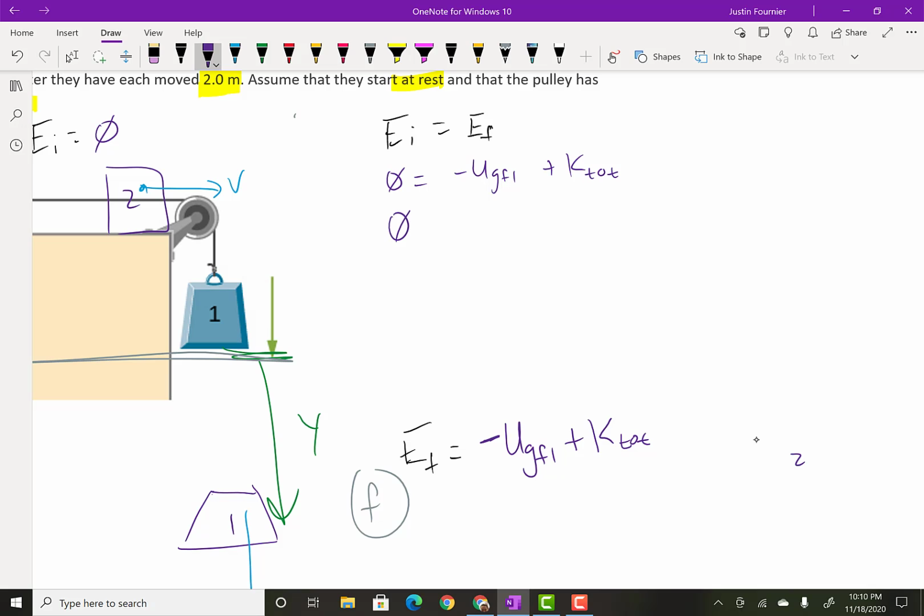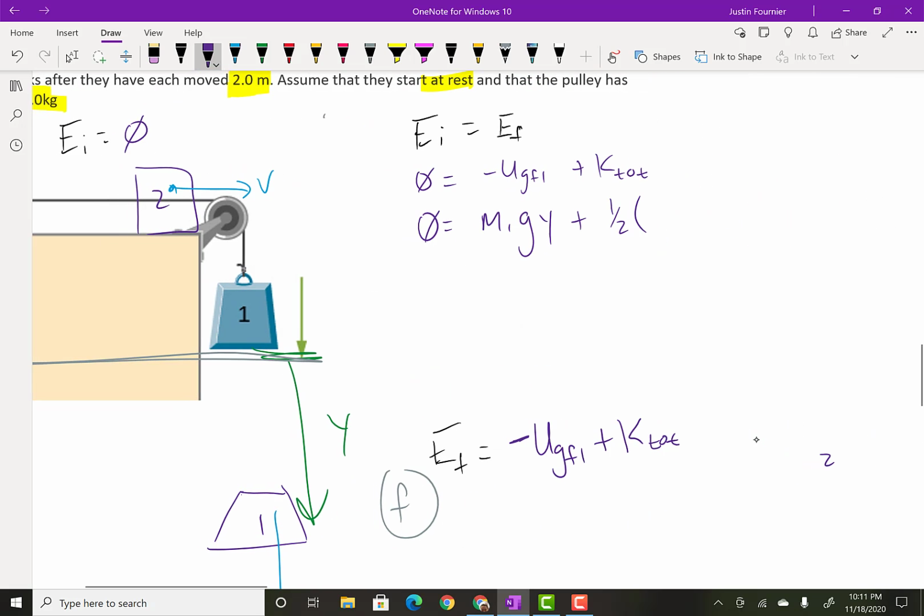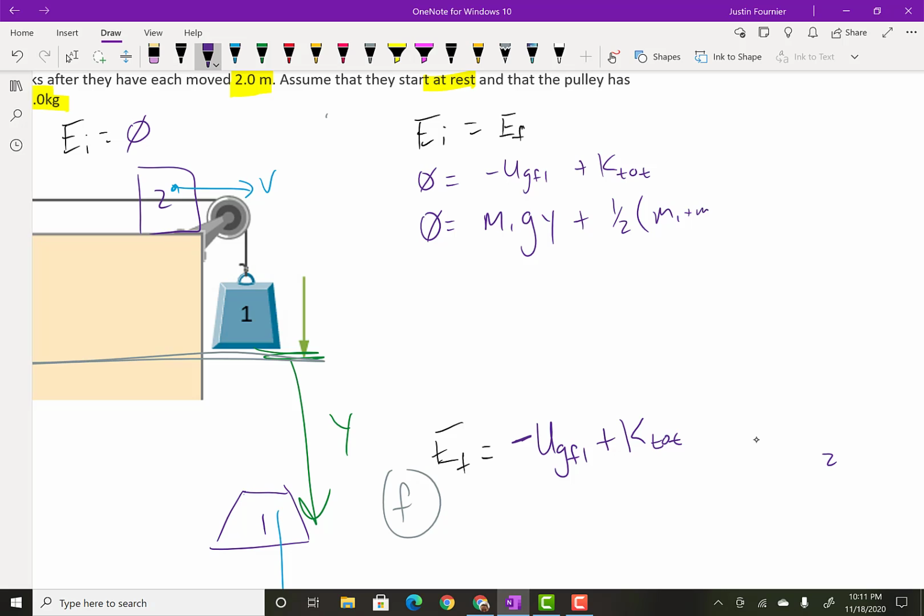So 0 equals m1 g times y, that's the height change right there, plus my total kinetic energy, that's 1/2 times the total mass of the system, which is m1 plus m2, v squared. Sorry, it's negative there. So this is going to be m1 g y equals 1/2 (m1 plus m2) v squared.